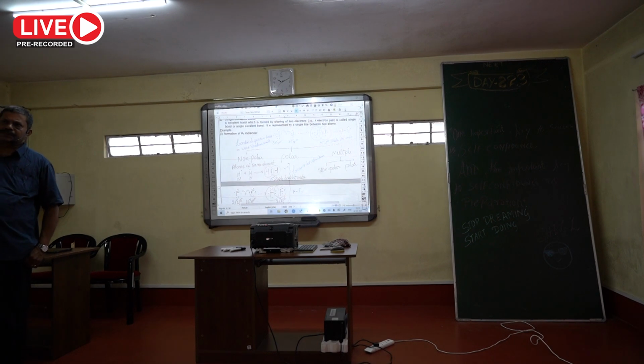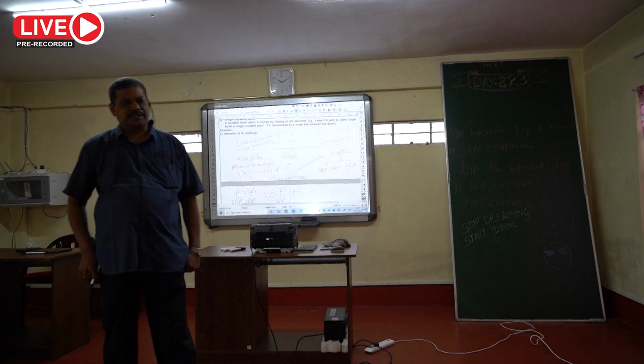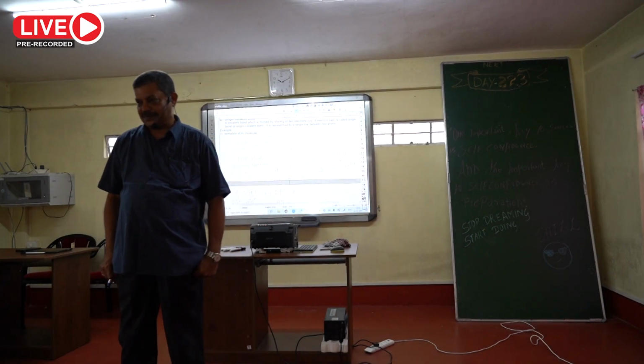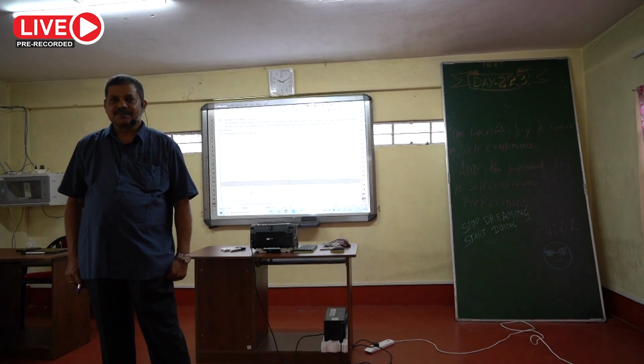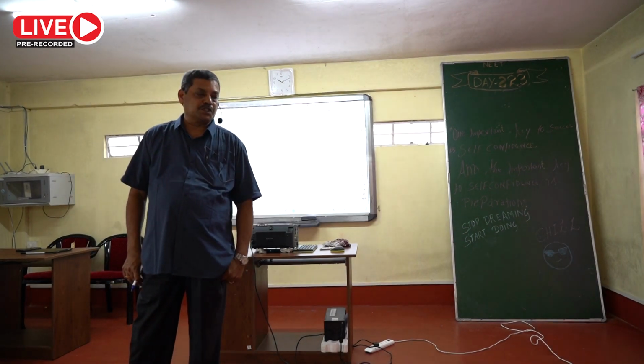Now I connect this point to the chain isomerism of organic chemistry. C4H10 has 2 chain isomers.